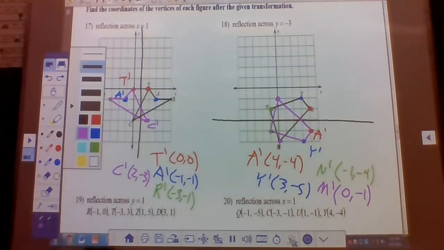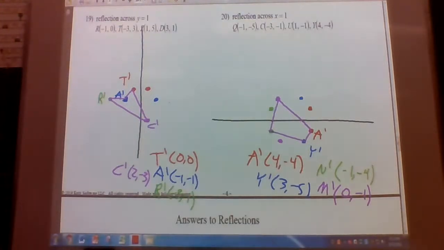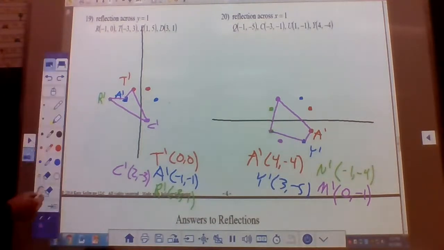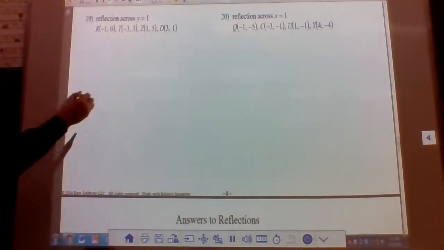Last two, 19 and 20. So I'm going to plot this out so I can see it better.